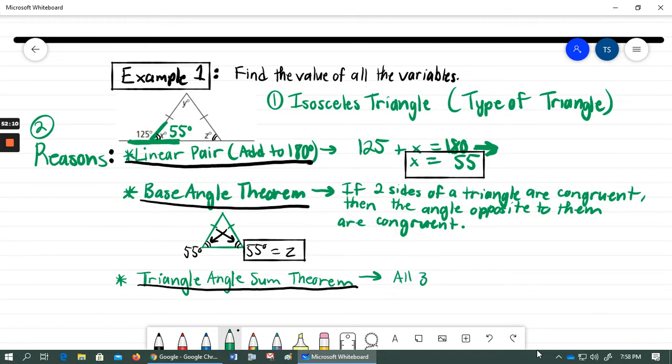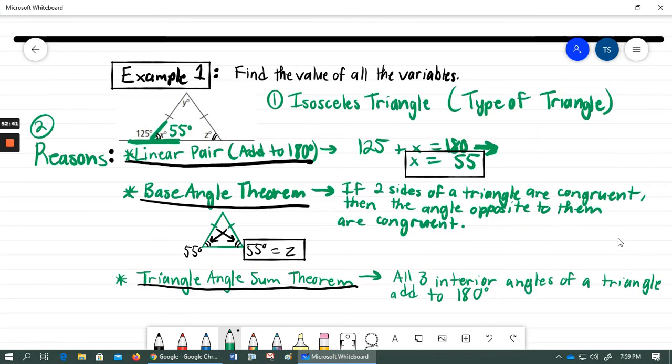All three interior angles of a triangle add to 180 degrees. That's our reasoning that we're going to use to find Y. And it's definitely true. That's the reason that we're using to find Y.